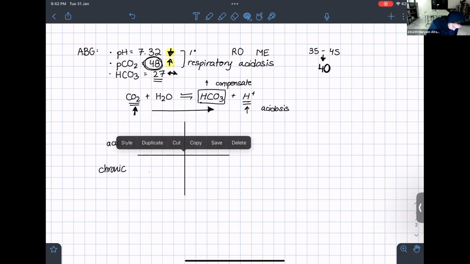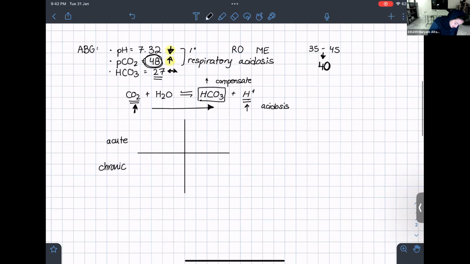Okay. This is at baseline. And then you're going to have acidosis. And you're going to have alkalosis. Okay. So here it's going to increase by 1 point. Here it's going to increase by 2. Here you're going to increase by 3. And here you're going to decrease, drop by 4 to 4.5. Okay. So this is how we're looking at the compensation.